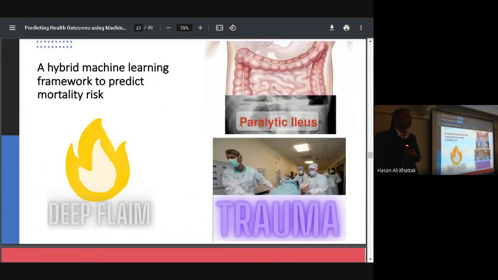They were simply reading the sentence and thinking that we are predicting mortality, that we are predicting deaths. But we are trying to build a model that could calculate the likelihood of mortality.